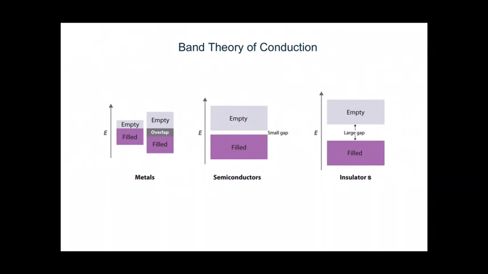And beyond this valence band, there is yet another energy band which is known as the conduction band. The valence band is filled with electrons, but there are no electrons in the conduction band. If you look at this figure, you can see a violet colored shaded portion marked as filled and an ash colored shaded portion written as empty.